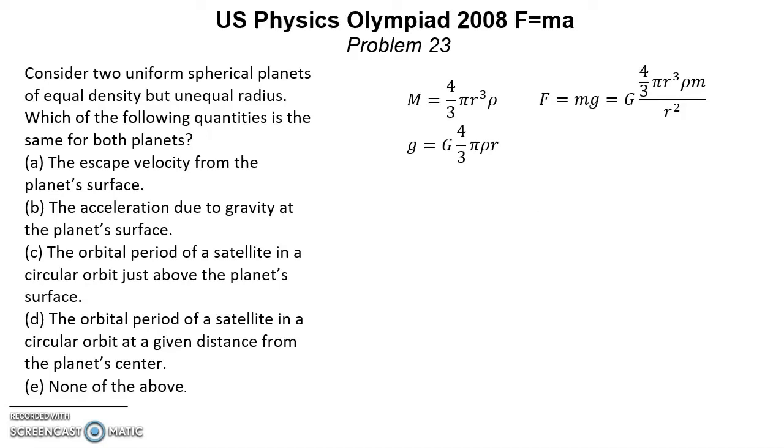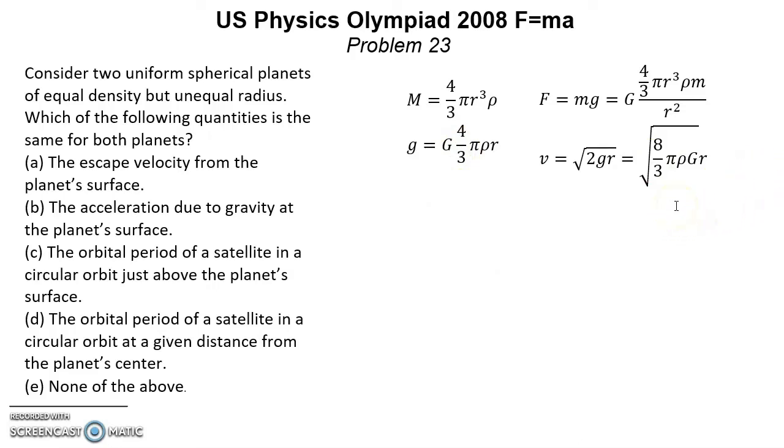And after that we can find the escape velocity from the surface of the planet using this equation. We know that escape velocity equals the root of 2gR, or after this substitution we get this formula.